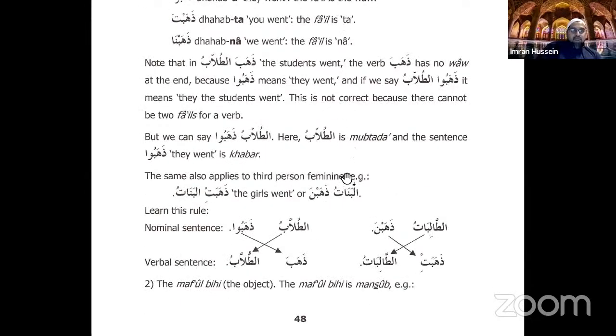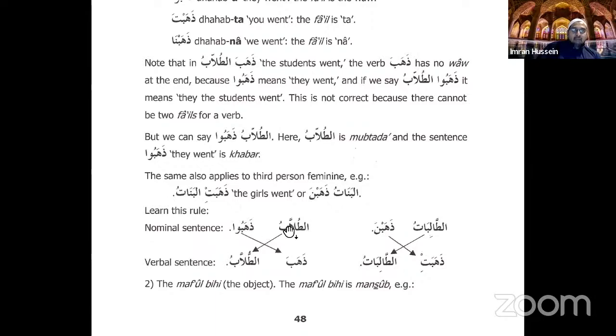Now, what they're doing here is showing the position of the doer and the verb. In a nominal sentence, you have the noun first, at-tullabu, and then the verb. The verb is coming as the khabar, as the predicate. At-tullabu is plural, dhahabu is plural, because at-tullabu is coming before dhahabu.